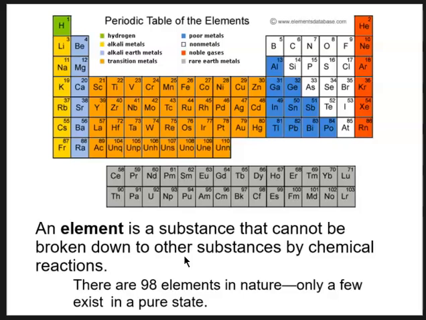Okay, so an element can't be broken down by chemical reactions. Let's say we have some wood, right? That would be matter, and it's made up of multiple elements. When we burn it, it turns into ash, which is carbon.